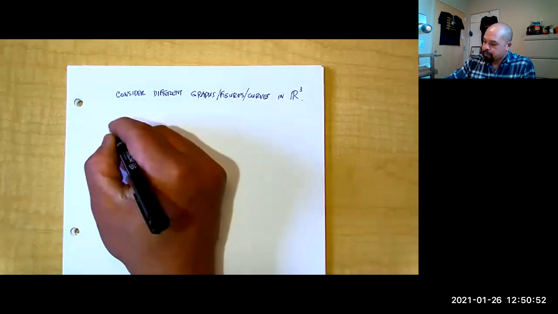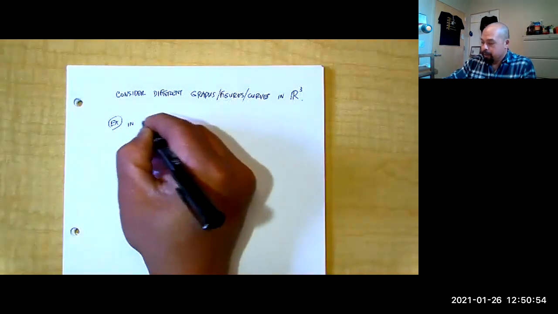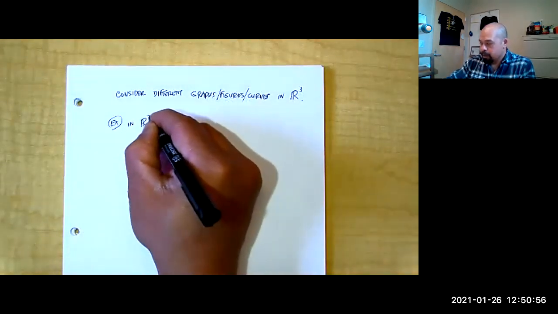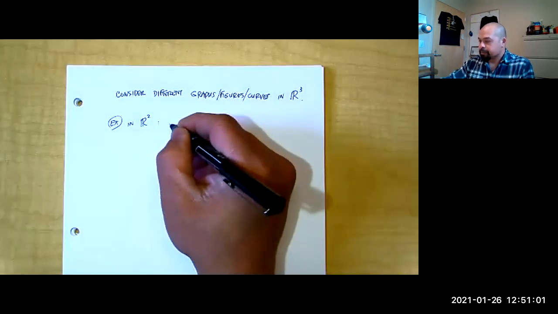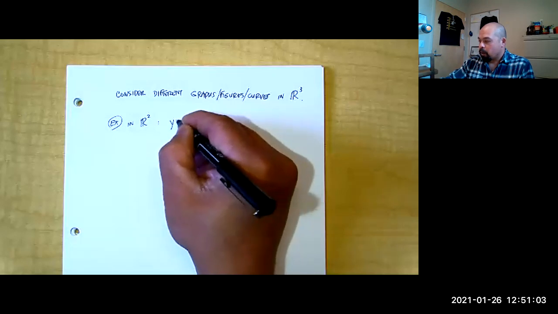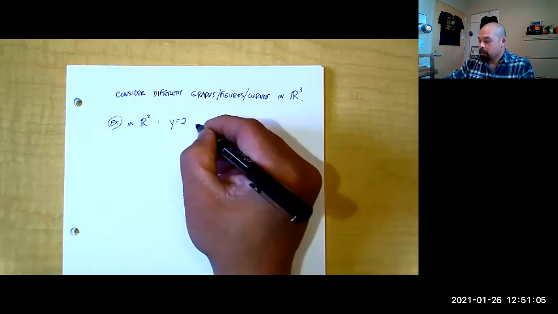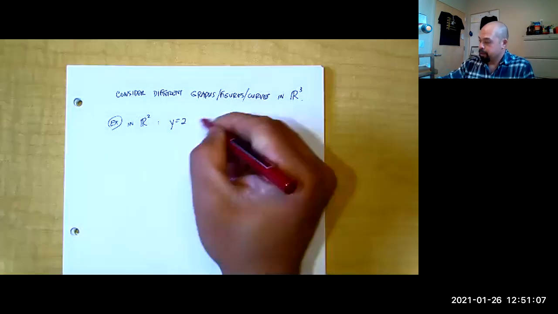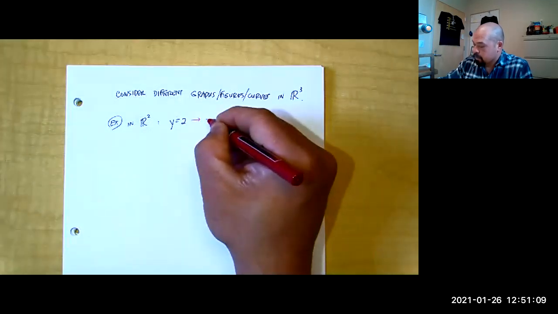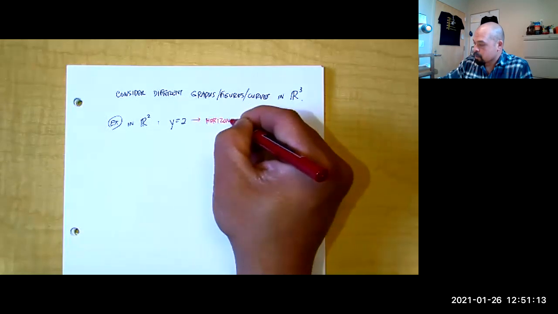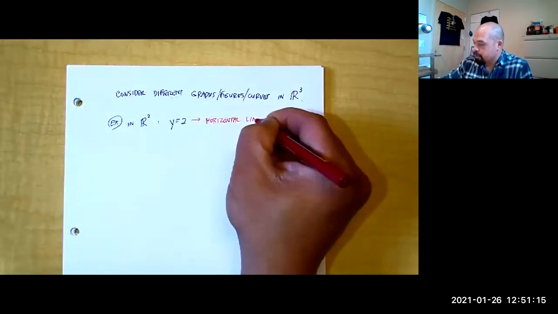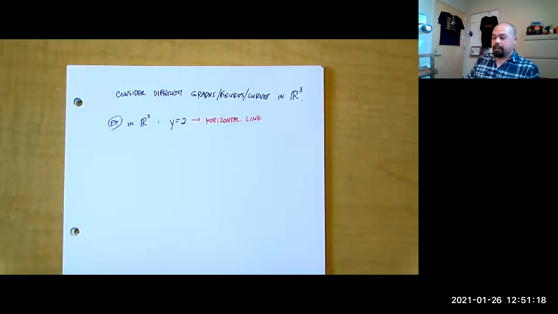So for example, in 2D, in R2, that line y equals 2 is going to be a horizontal line, a constant function.